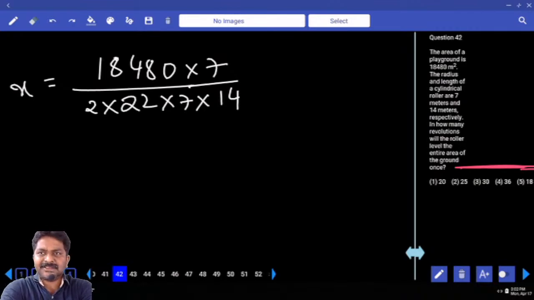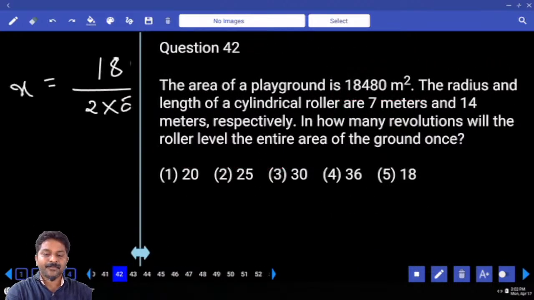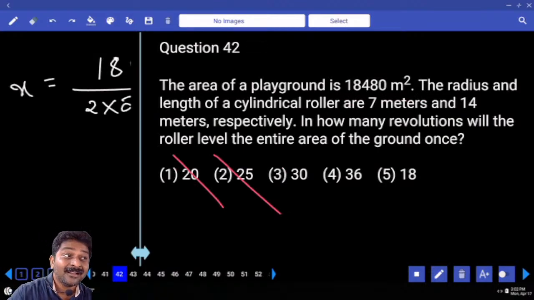Now look at your numerator, 18,480. Don't go for cancellation. Is that a 3 multiple? Is that a 9 multiple? In the numerator, do you have a 9 multiple? No. In the denominator, do you have a 3 multiple? Then the answer must be only a 3 multiple, but not a 9 multiple. Can it be the first option? Second? Third? Fourth? Can that be your answer?